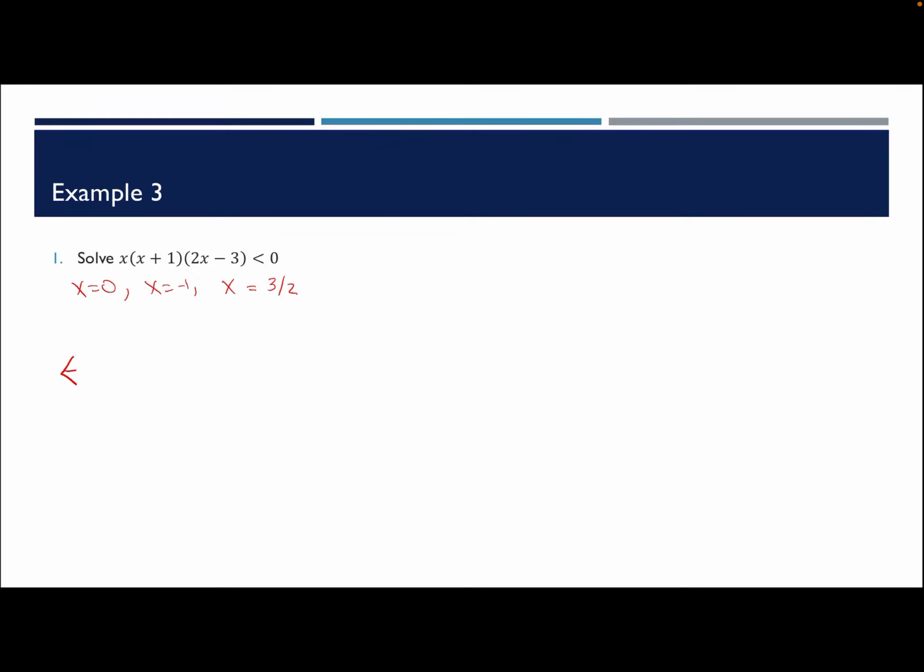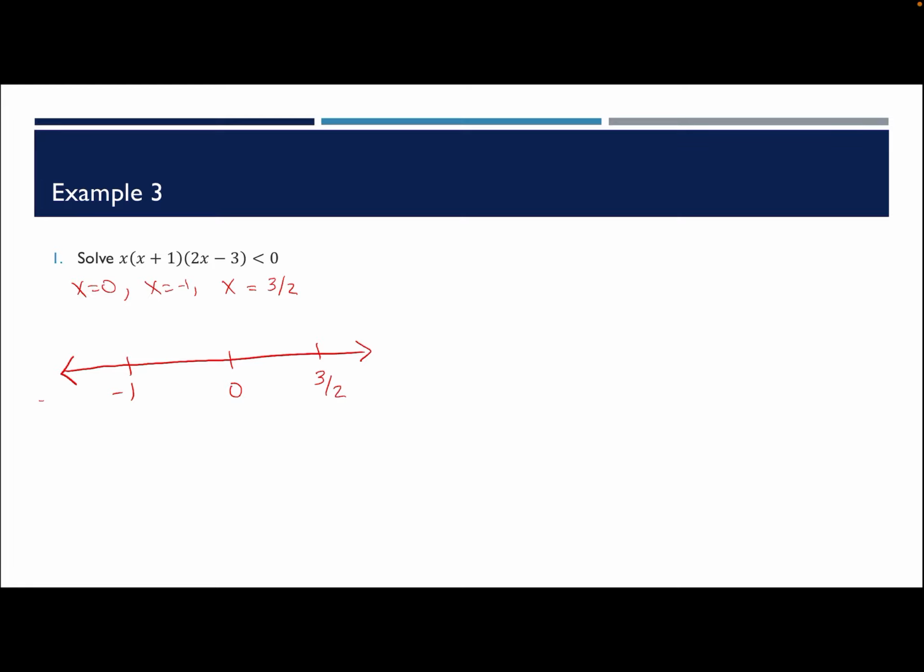So now we make a number line with our boundary points. So we're going to put from least to greatest, so -1, 0, and 3/2. So now when you have this factor version, all you care about is the sign of the number and not necessarily the actual number.